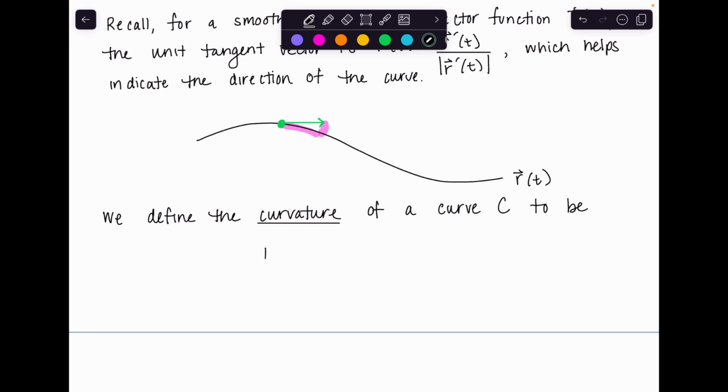We use the Greek letter kappa, which just kind of looks like a fancy K, and we're going to take the rate of change of the unit tangent vector over the rate of change of the arc length. And we're going to take the magnitude of this, okay? So again, this is just a Greek letter, it is kappa. So with this, ds is thought of as the rate of change of arc length.